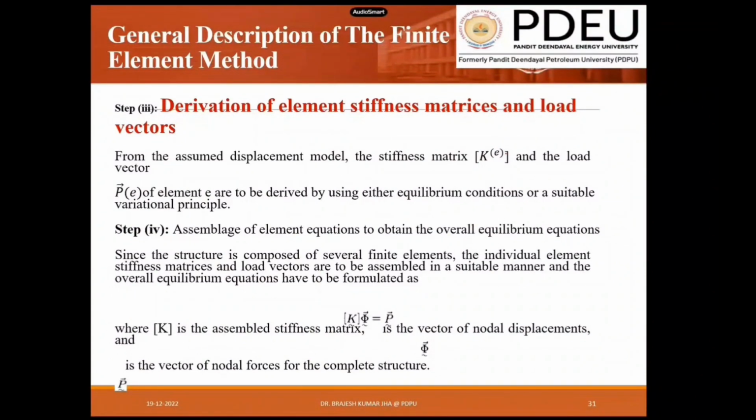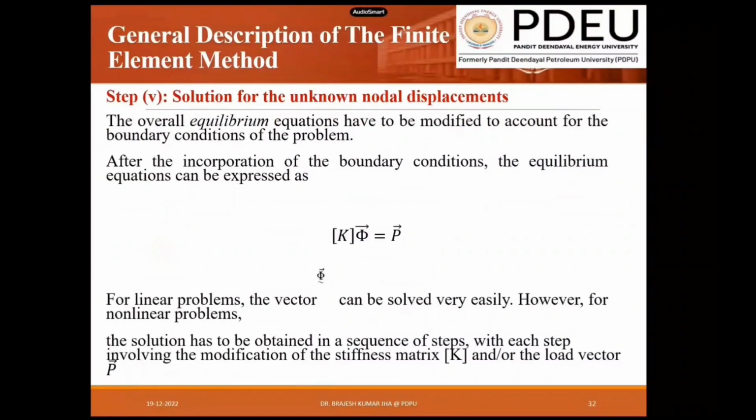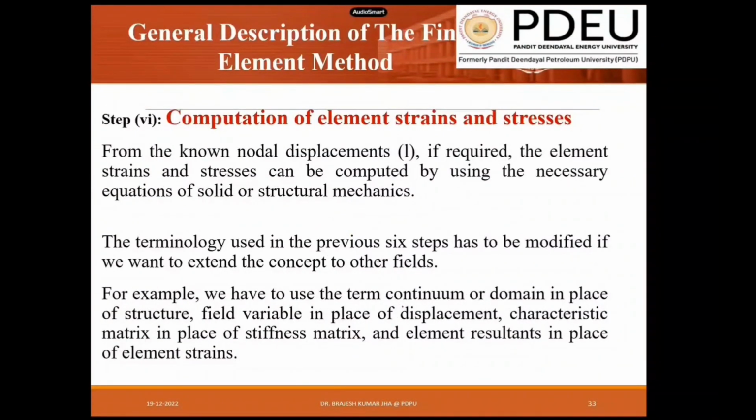After defining the element stiffness matrix or load vector, we go for the assembly of all the local matrices, and we frame the global matrix in such a way. And finally, we solve the global matrix with the help of well-known methods. This is the overall idea of the finite element method.